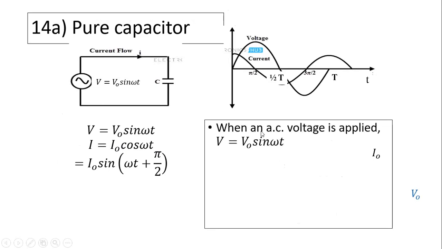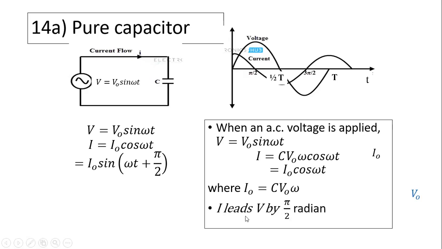When there's an alternating voltage supply and we differentiate, we get this equation: I equals I0 cos omega t, where I0 is C V0 omega. We're just repeating. Then we can show our phasor diagram. That's your V0, that's your I0.